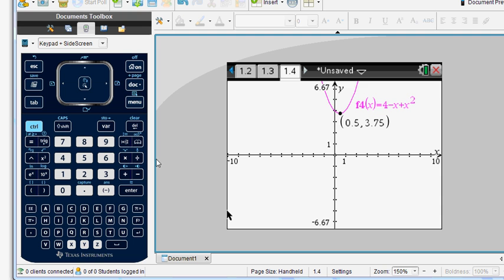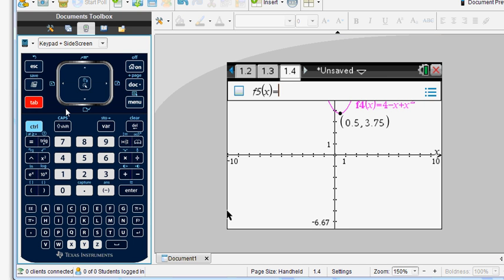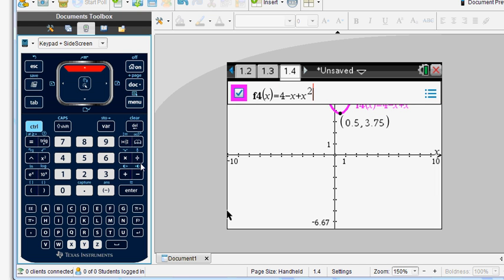So we go to our calculator, and I'm just going to use the same page here: negative x cubed, so negative x to the 3rd power, and plus 2x minus 3.